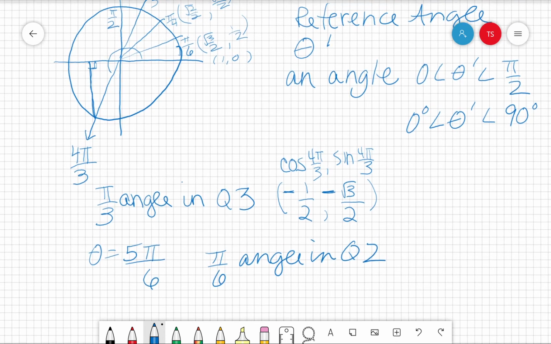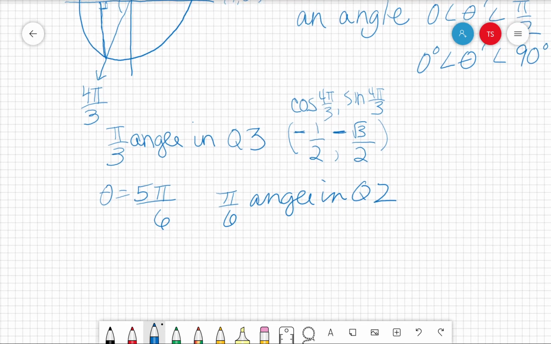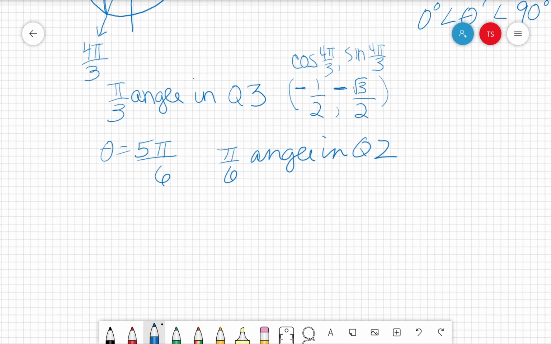Okay, and where that comes from is, let me just draw another unit circle, just really quickly. If we have a theta here in quadrant 2, then this angle here is going to be our theta prime.